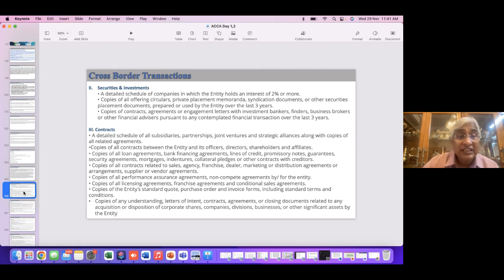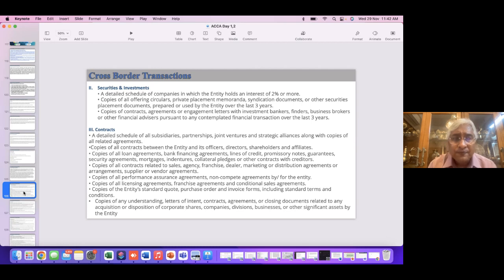Promissory notes, guarantees, security agreements, mortgages, indentures, collateral pledges, or other contracts with creditors. Copies of all contracts related to sales, agency, franchise, dealer, marketing or distribution agreements, or arrangements, supplier or vendor agreements. So there's a detailed laundry list. Whatever you do, it falls under this. It's almost like that. Copies of all performance assurance.